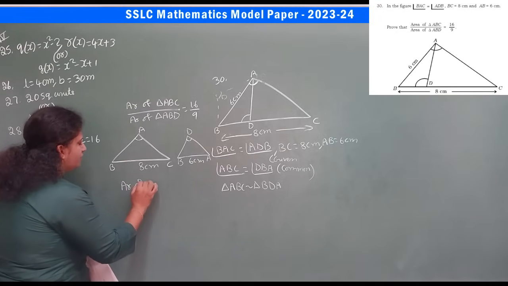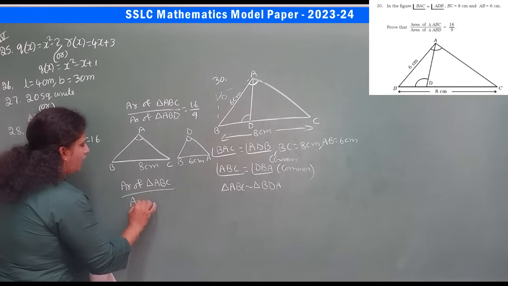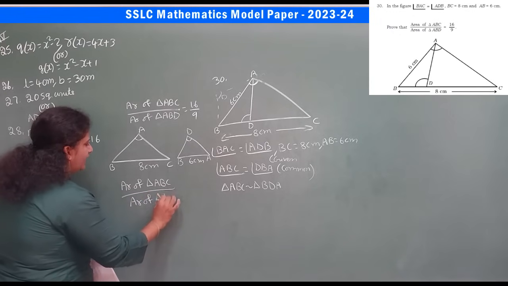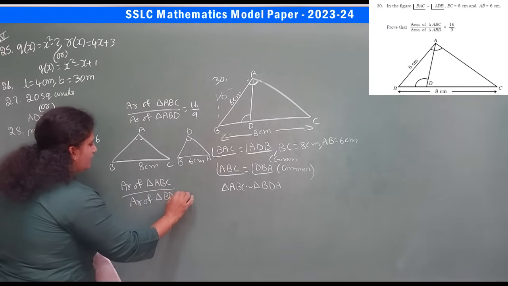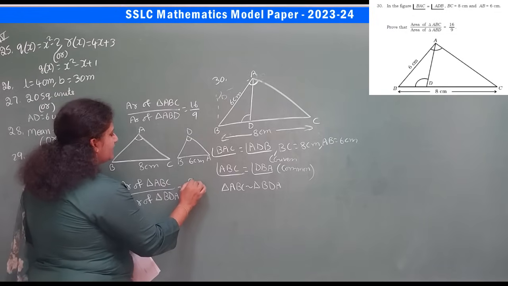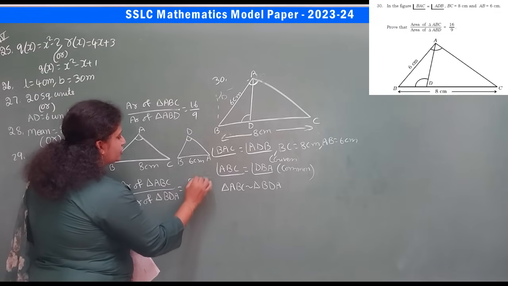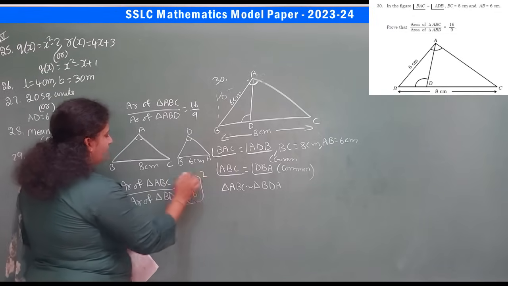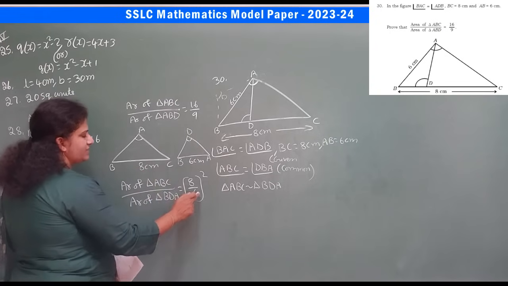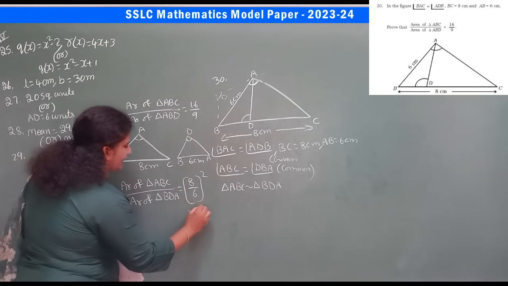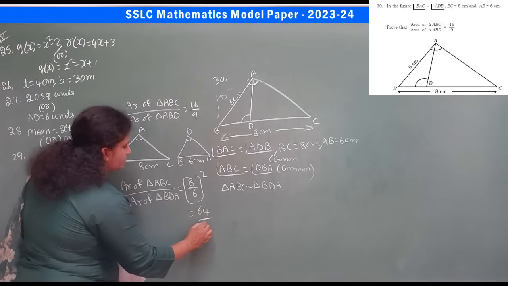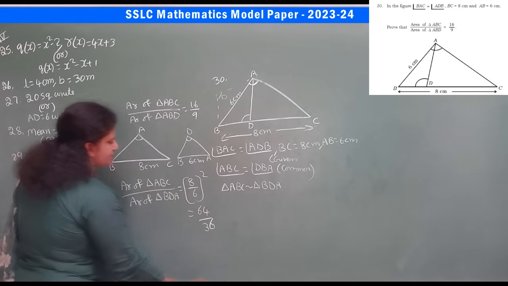Area of triangle ABC by area of triangle BDA is what? Corresponding side ratio squared. That means 8 by 6 whole squared. 8 8s are 64, 6 6s are 36.